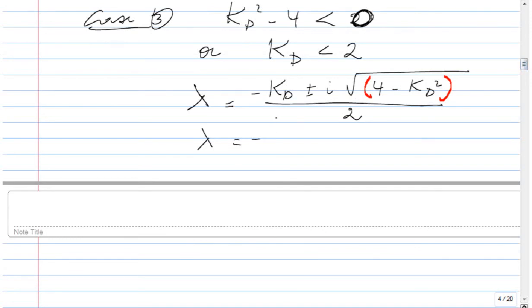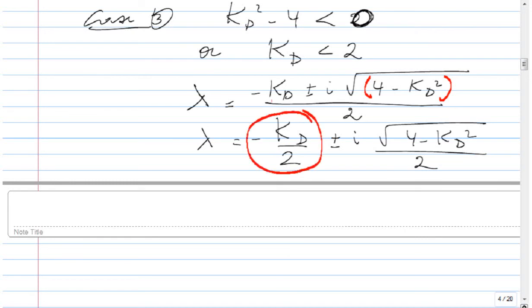So this is minus KD over 2 plus minus i square root of 4 minus KD squared over 2. So the real part is the number minus KD over 2. So now we know that if I call lambda equals alpha plus minus i beta, then alpha is the real part of lambda and beta is the imaginary part.